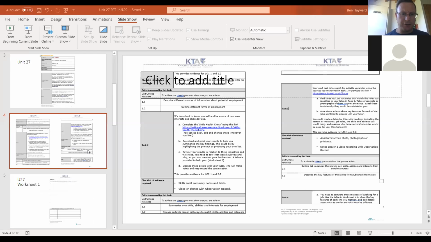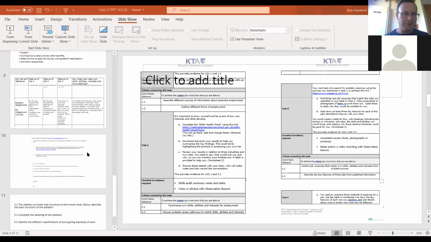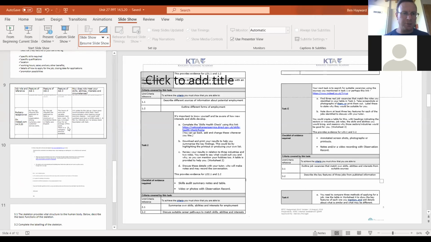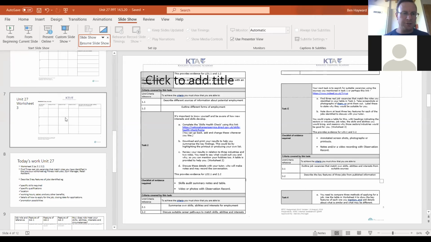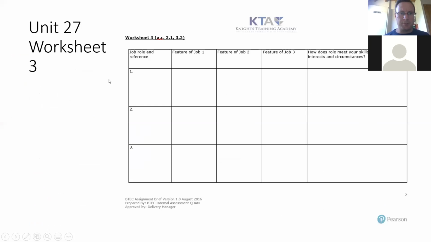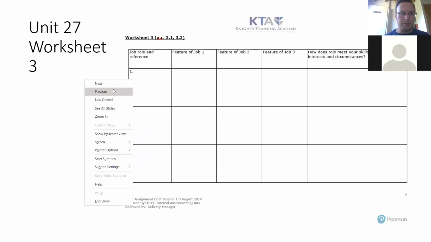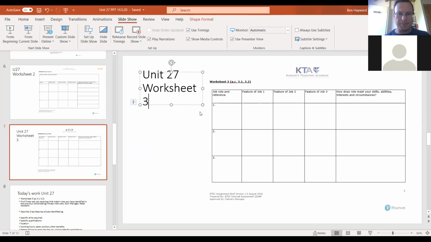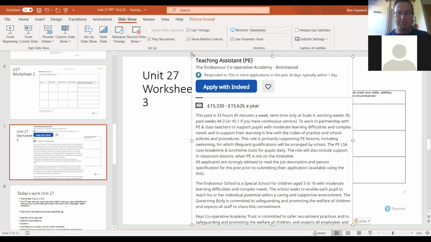Where's it gone? There we go. Okay. So hopefully you're still there, still with me. Okay. So we were trying to fill up this worksheet 3. So what we got. Sorry, I'm mucking this up.